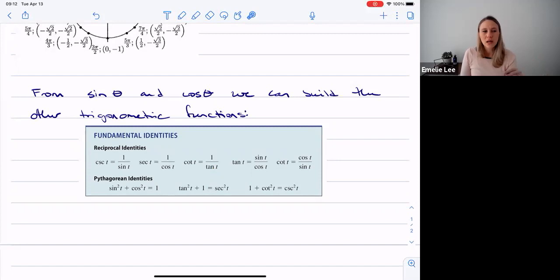Okay, so what we can do is we can use these identities. These are our fundamental identities, and what we did last day was we used these fundamental identities and the Pythagorean identities to rewrite some functions in terms of other trigonometric functions, right?